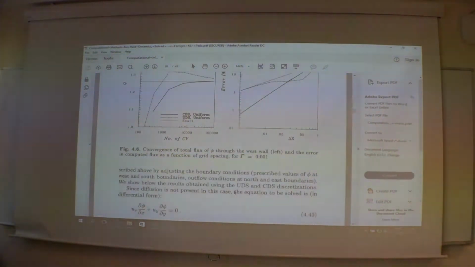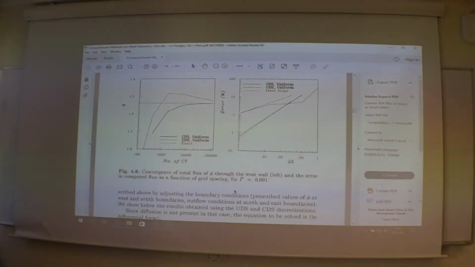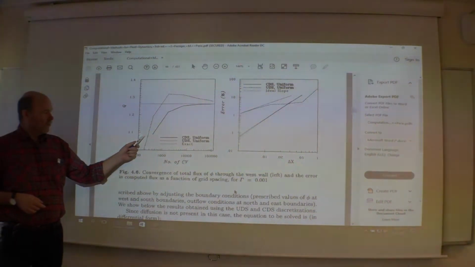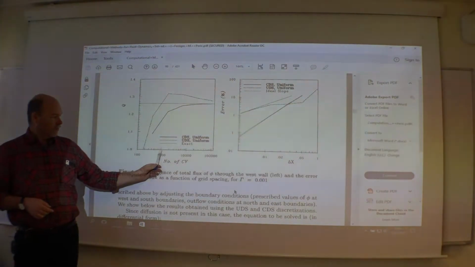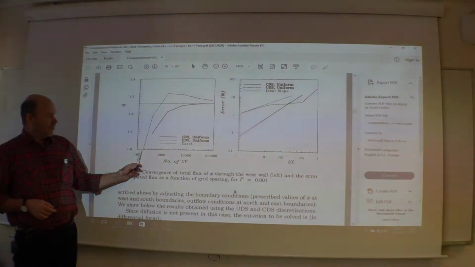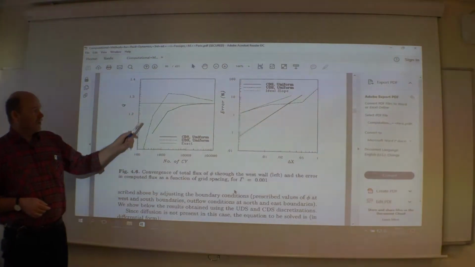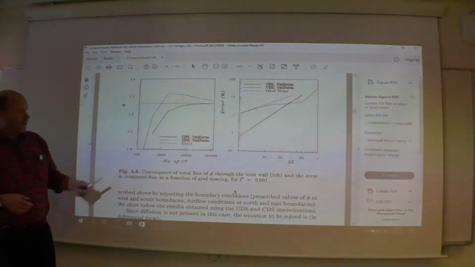Any questions to that one? On the left there. Let's say 1,000 CVs, the UDS is letting less pass through than the exact. So it's kind of not diffusive. Yeah, it's calculating it wrong, you might say.